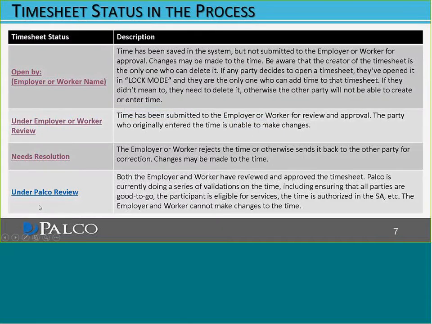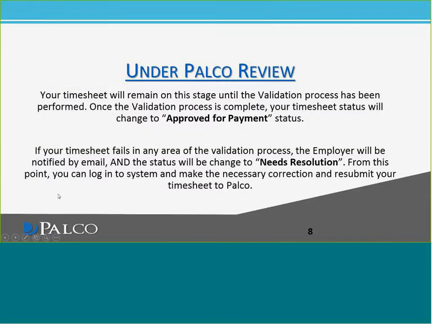Okay, the next status is under PALCO review. Both employer and worker have reviewed and approved the timesheet. Then the timesheet will be sent to PALCO. Your timesheet will remain on this stage, under PALCO review, until the validation process has been performed.